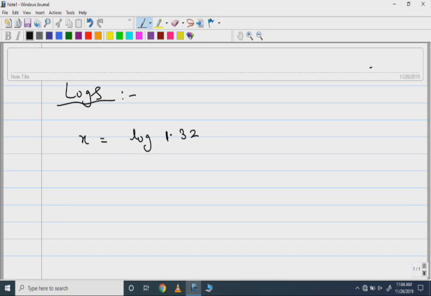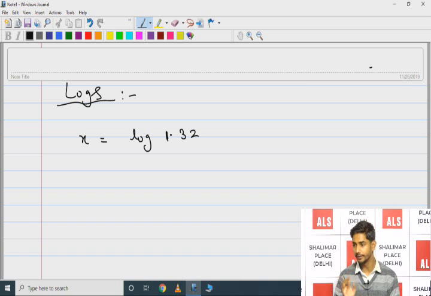So it's okay if you have the phone, just click pictures from the students who have brought the log table. Do it fast. Please click the pictures of the log and anti-log table quickly, so that we can proceed.